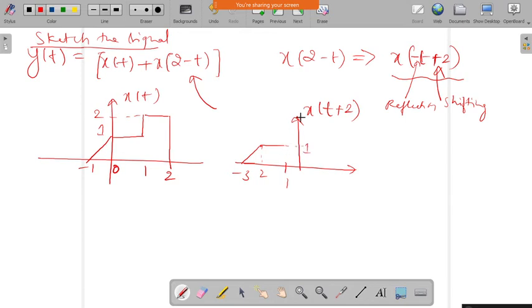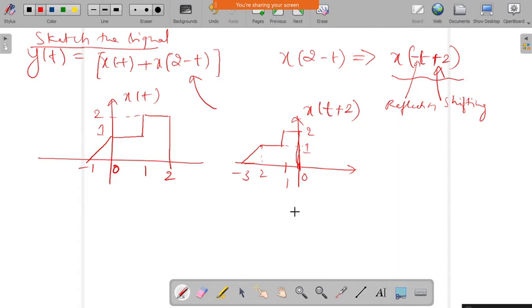Then from 1 to 2 we will get the magnitude value 2, and then it will come to 0. So now you can see the signal is shifted by the amount of 2. Wherever 2 is there, if we shift by 2, it becomes 0. So now this is your x of t plus 2.